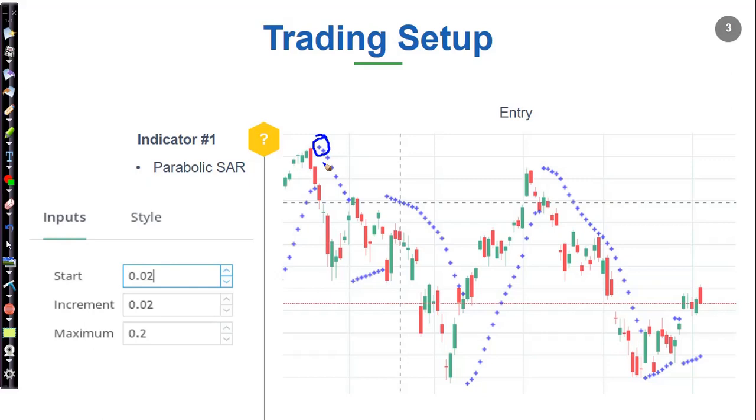So first thing, remember, always wait for two parabolic SAR dots to appear. Right now you can see two parabolic SAR dots appearing, parabolic SAR 1, parabolic SAR 2, and here I can see this first candle and the second candle. After that I'm placing a sell order price below this candle.